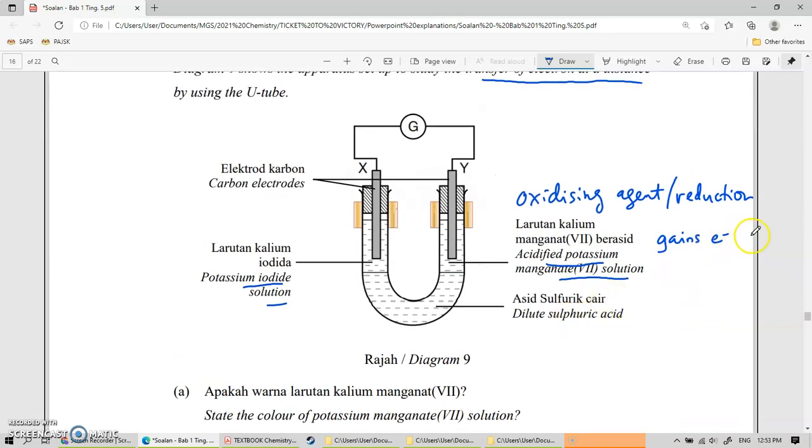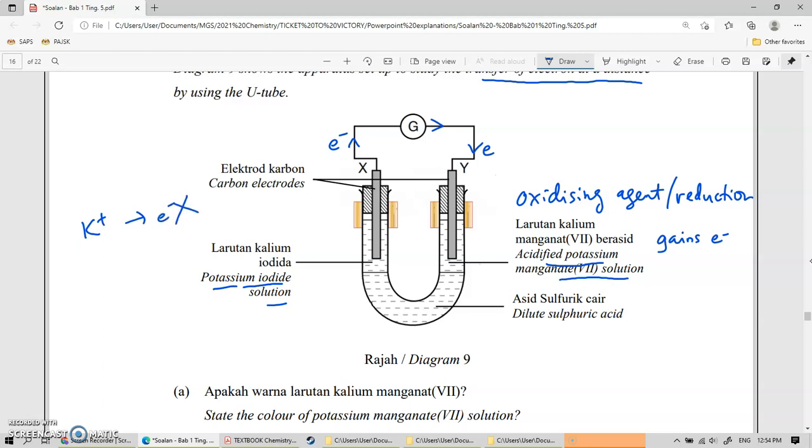For x, write the half equation at x. If electrode y gains electrons, that means the electrons must flow from electrode x. At electrode x we have potassium iodide solution, so something must release the electron. It can't be potassium because potassium cannot release electron.